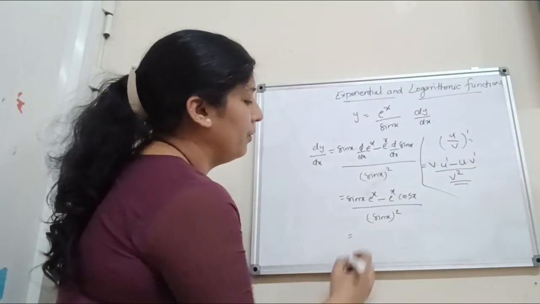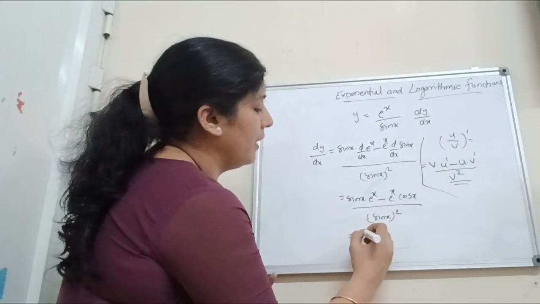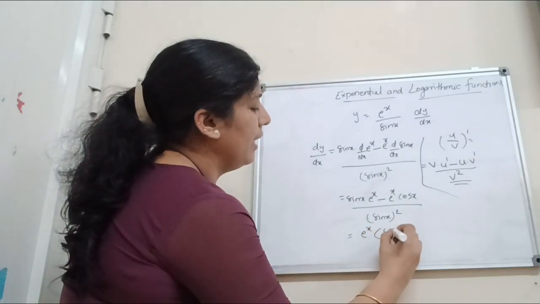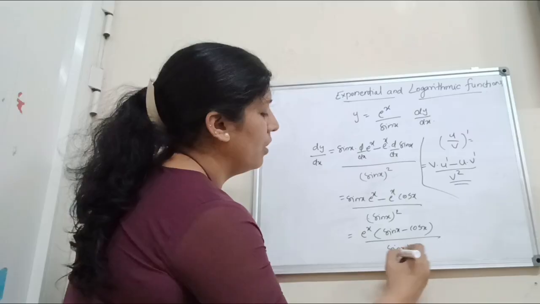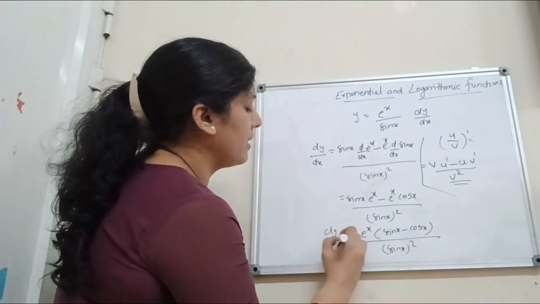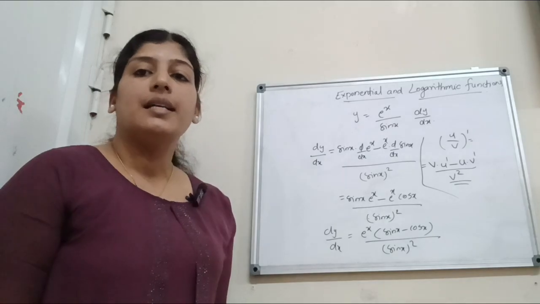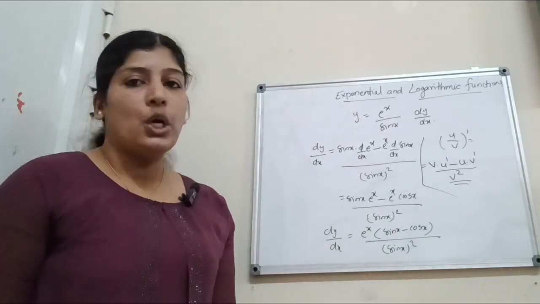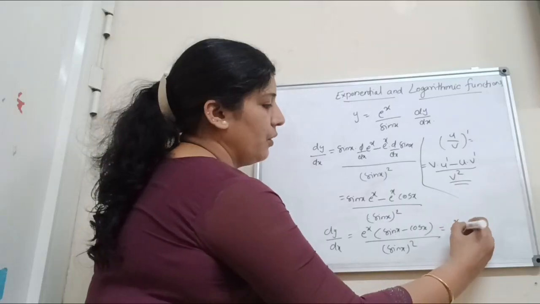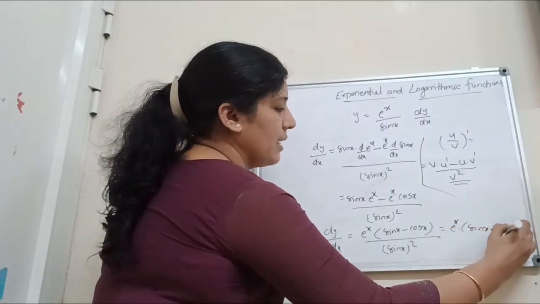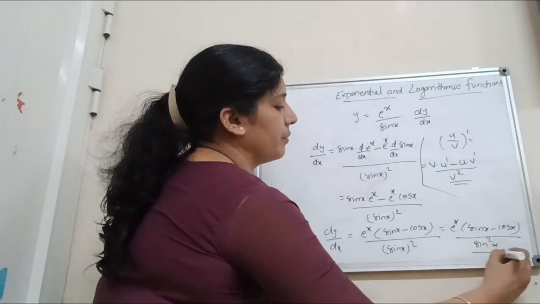That is equal to, here in the numerator e raised to x is a common term, so we can take it outside. Therefore, dy by dx equal to e raised to x into sine x minus cos x divided by sine x whole square, that means sine square x.